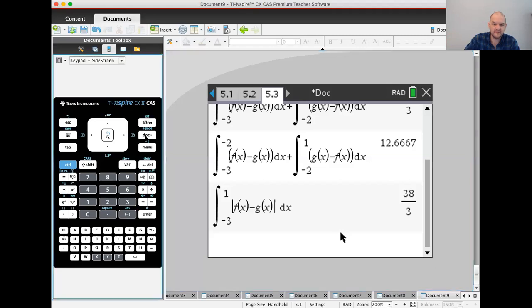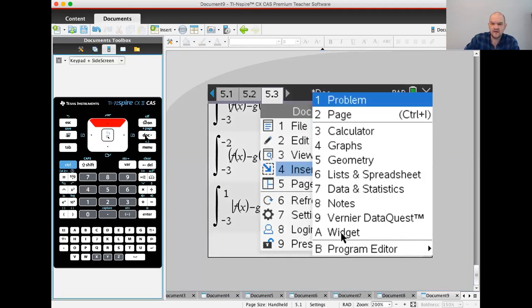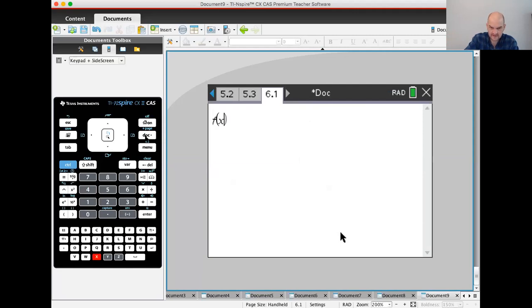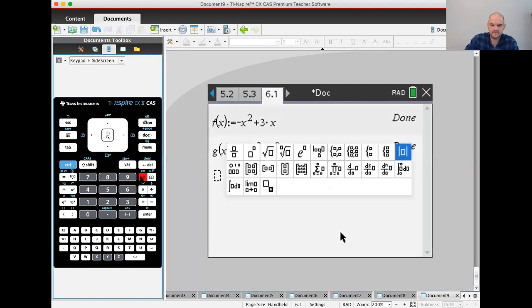I'm going to insert a new problem, doc 4.1, and then calculator page. f of x is negative x squared plus 3x. g of x is 2x cubed minus x squared minus 5x. Okay, so let's use the templates this time.